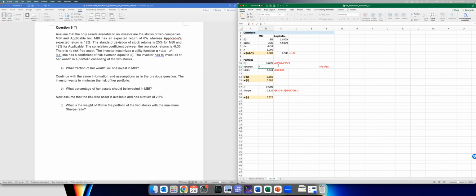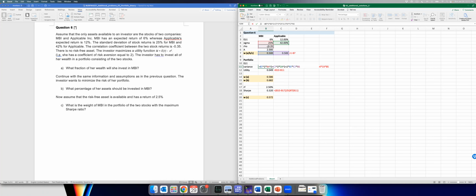Next, we calculate the variance. Variance equals W1 squared times sigma 1 squared, plus W2 squared times sigma 2 squared, plus 2 times W1 times W2 times covariance.